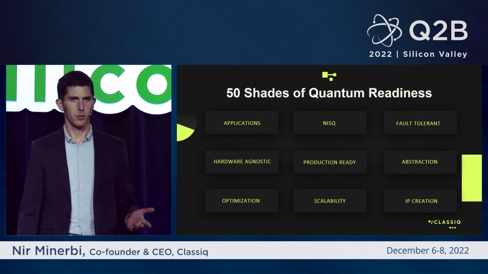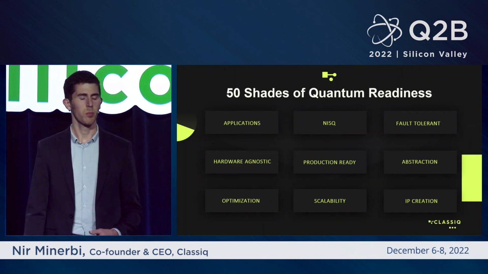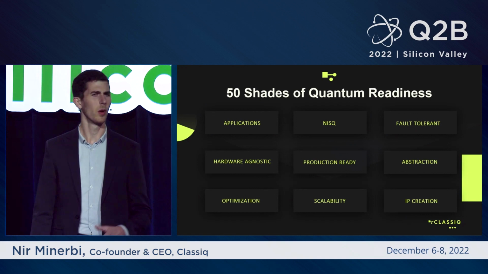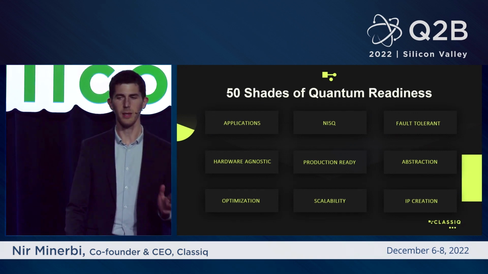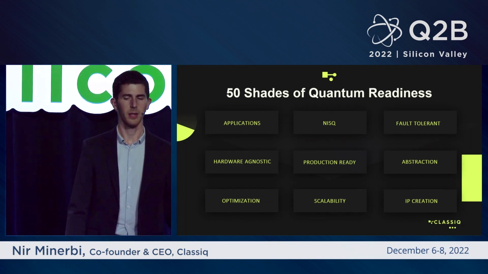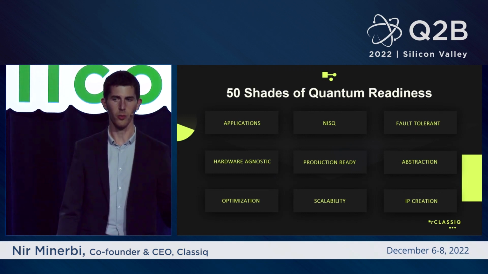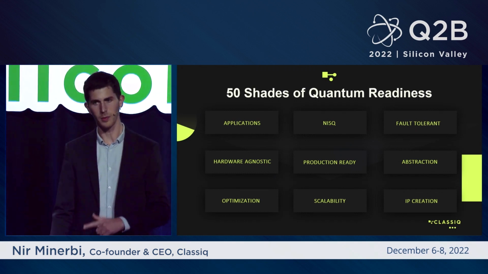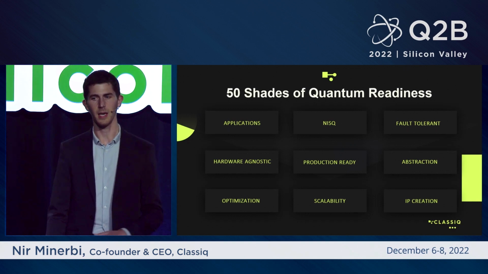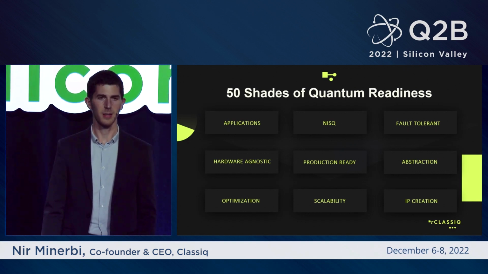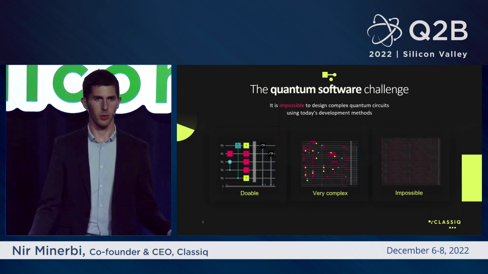When it comes to quantum readiness, we want many things, right? We want applications. We want them to be NISQ, but also large scale. It should be hardware agnostic and production ready and abstract, but not too abstract because it should also be optimized and scalable. And we want to create assets. And it is not possible, right?